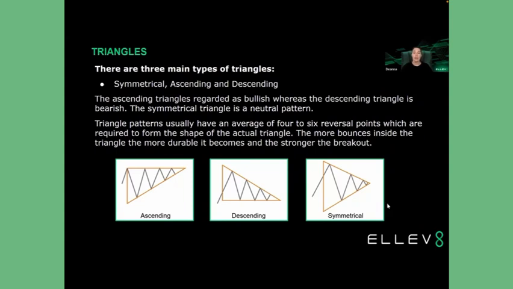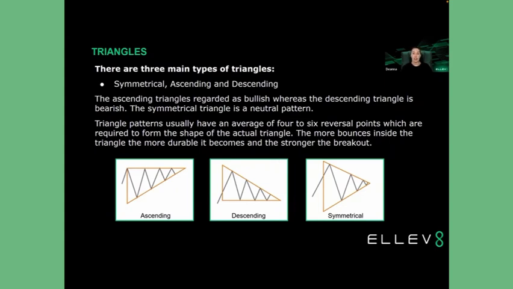Okay, so what we're looking is 4 to 6 reversal points. There's 1, 2, 3, 4, 5, 6 before it breaks off. So we want at least 4 to 6 within a triangle before we see that big push.